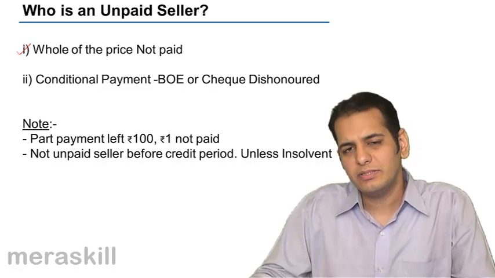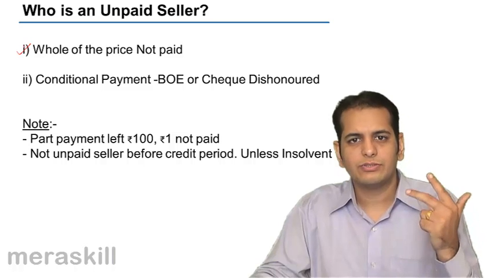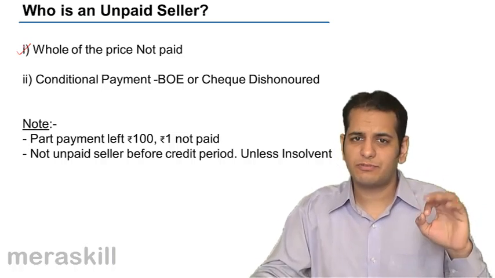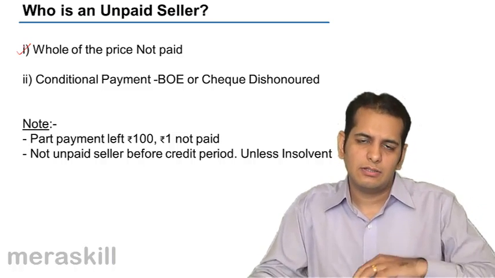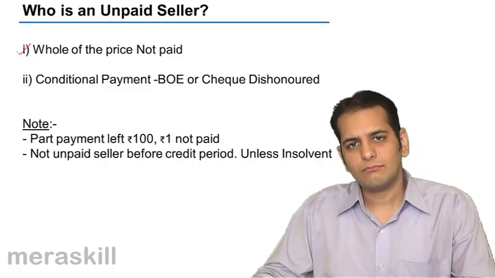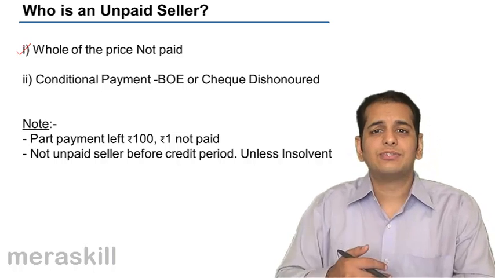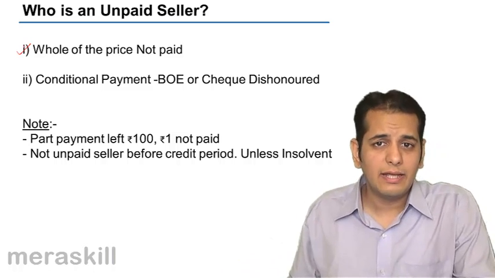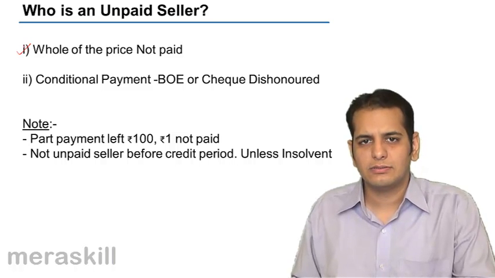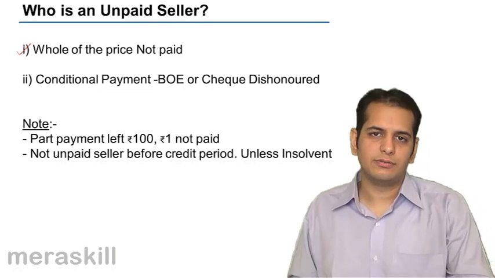Negotiable instruments means check, bill of exchange, promissory note. In India, we have three negotiable instruments: check, bill of exchange, and promissory note. So, if the transaction has been done through negotiable instruments, the instrument has got dishonored.